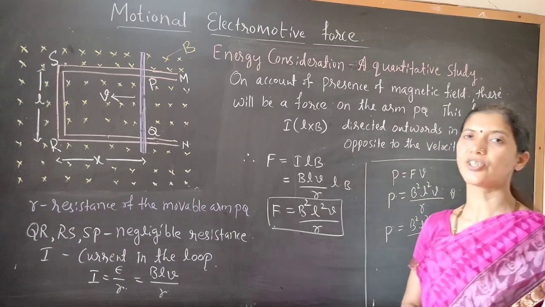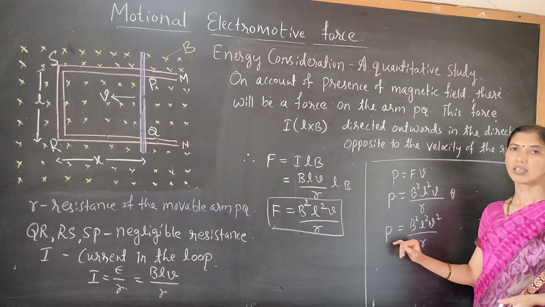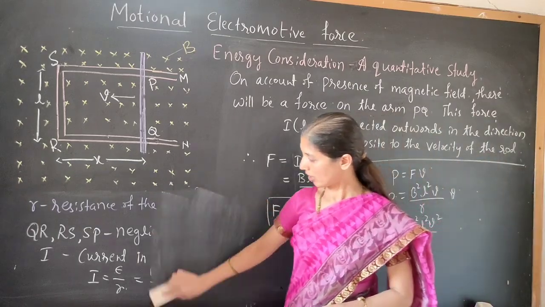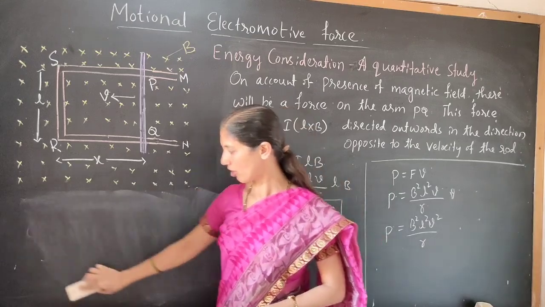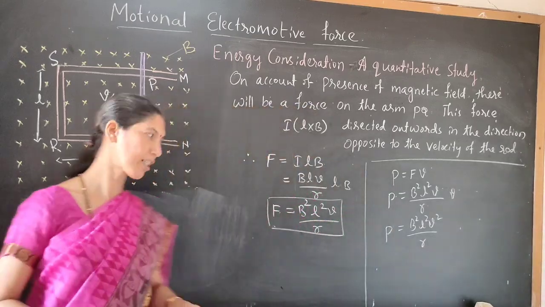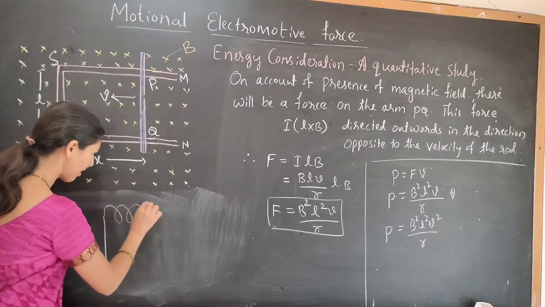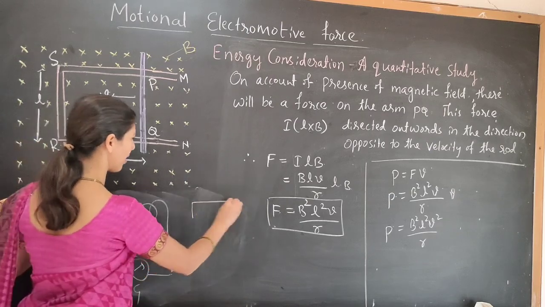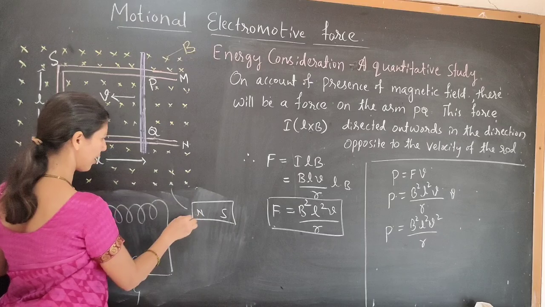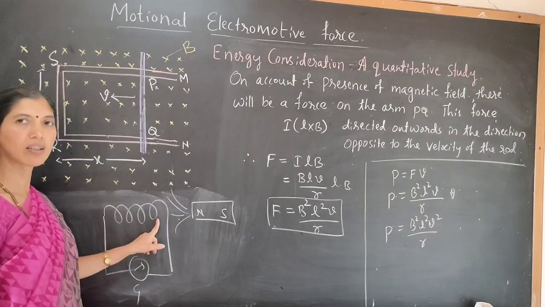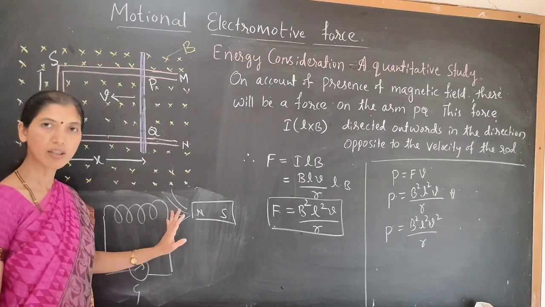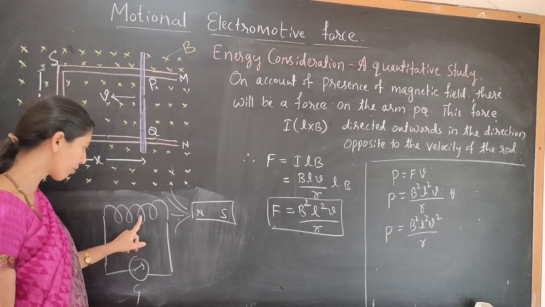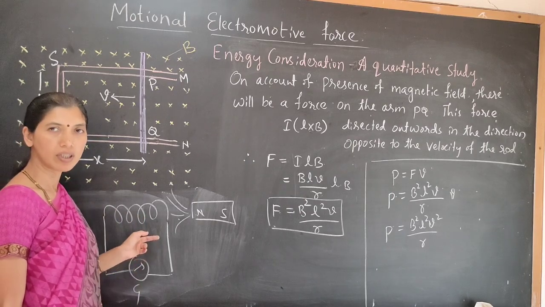And we know another relation. The agent that does this work is mechanical. In the last discussion, we studied the coil and magnet experiment. This coil is connected to a galvanometer G, and a magnet is there. When this magnet is moved towards the coil and away from the coil, the magnetic flux changes and it induces an EMF in the coil.